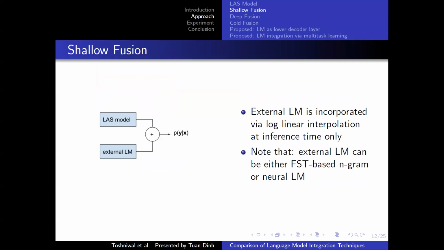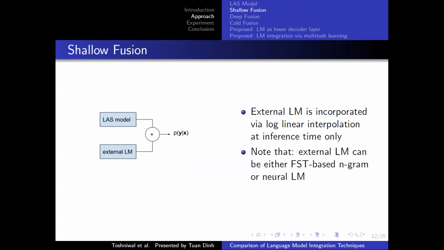To integrate the external language model into the LAS model, or listen, attend, spell model, there are three approaches: shallow fusion, deep fusion, and cold fusion. In shallow fusion, the external language model is incorporated via log-linear interpolation at inference time only.